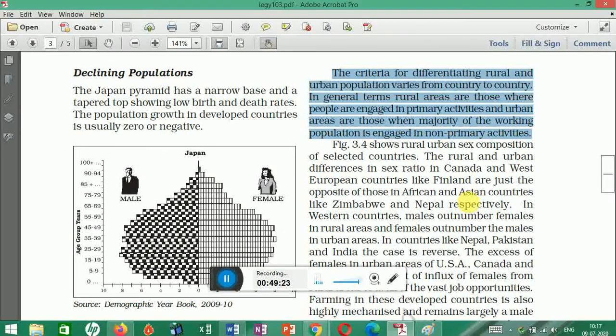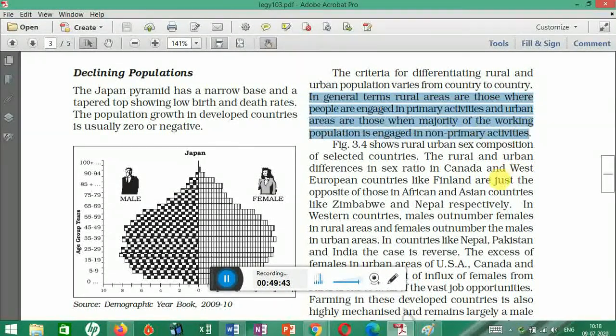So this difference is mainly based on occupational structure. Other criteria are also there for differentiating the rural areas and the urban areas, but here the main criterion is the occupational structure.